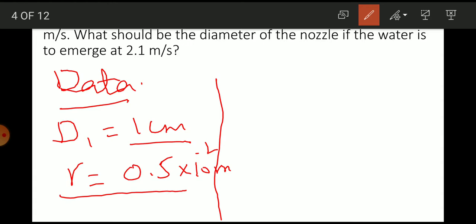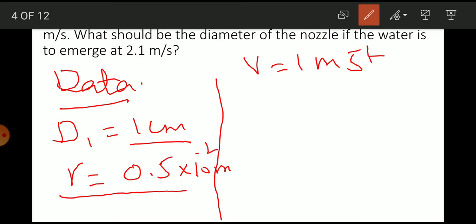Okay, now, the pipe has a speed of 1 meter per second. Speed is 1 meter per second.